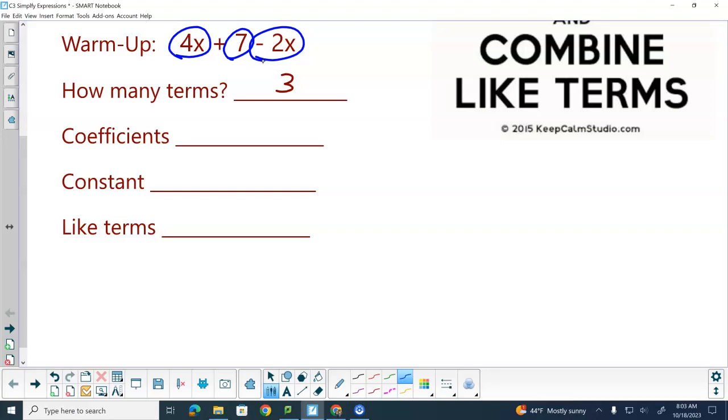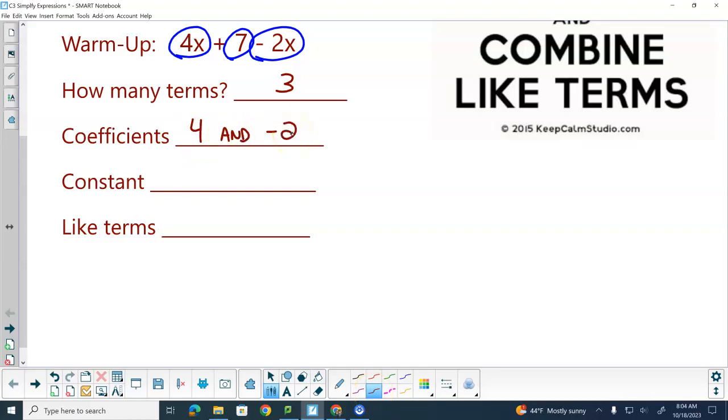2 of them. What are they? 4x and 2x would not be coefficients. What would the coefficients be? Say louder, Will. 4 and negative 2. Just the numbers in front make the coefficient. The 4x and the negative 2x would be the terms, but the coefficients would just be 4 and negative 2.